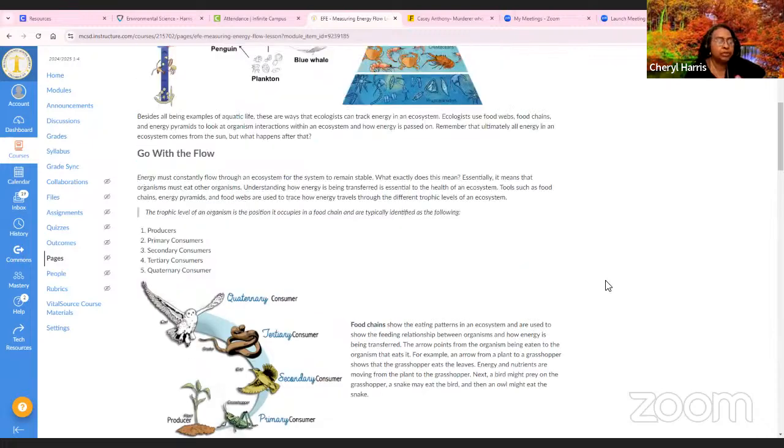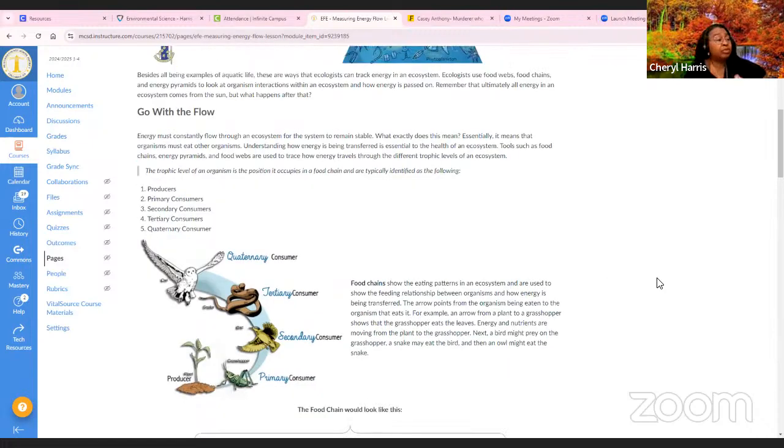How does energy flow? We get our energy by the foods that we eat. And there are levels of feeding. So the first level, and like I said, this is a review, trying to go back and review. First level are producers. And if you're looking at a food chain and you're looking at a picture, they're always going to be the first one.